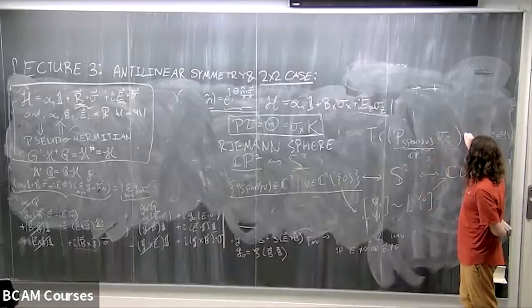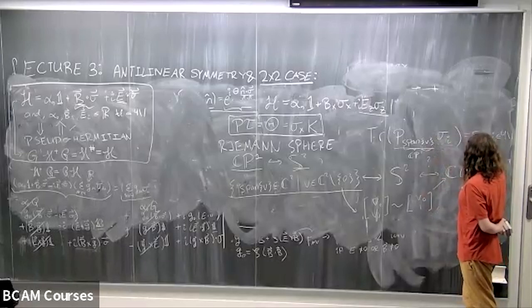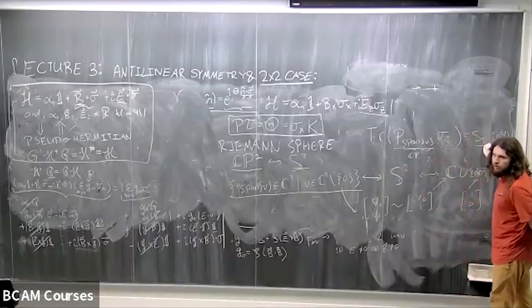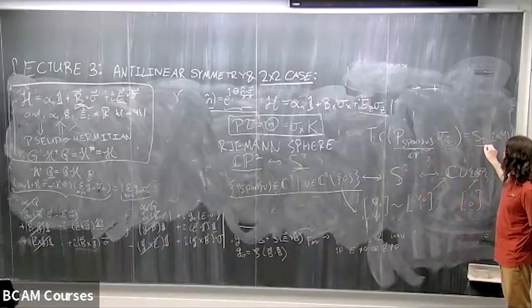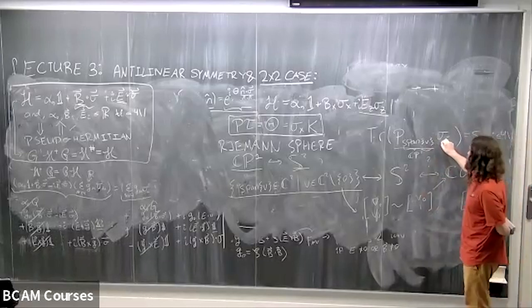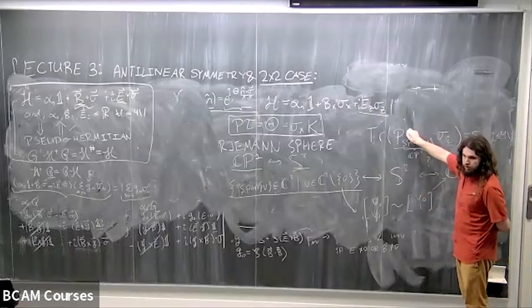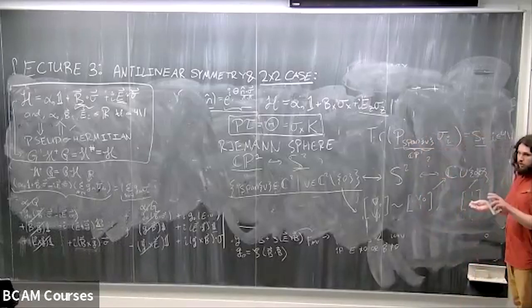So then this defines a tuple of 3 real numbers. These numbers are real because this is Hermitian and this is Hermitian, so you have the trace of a product of 2 Hermitian guys, which is real.